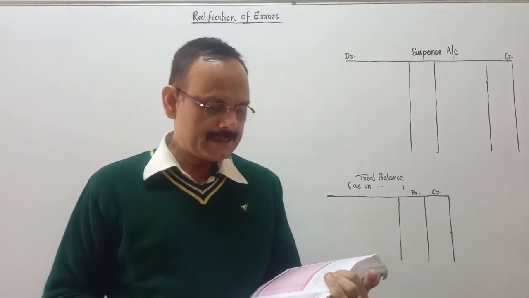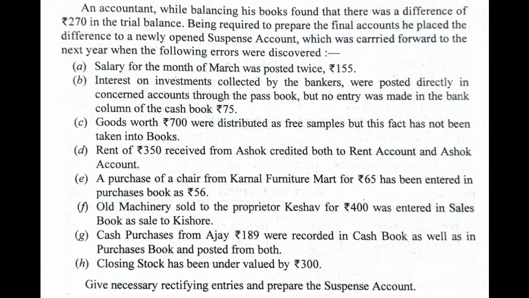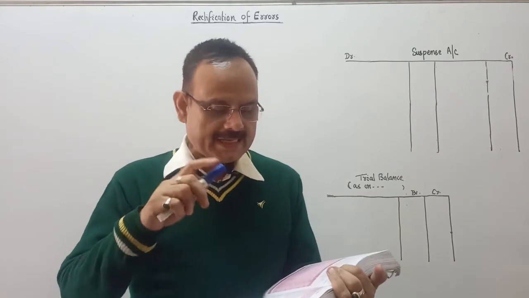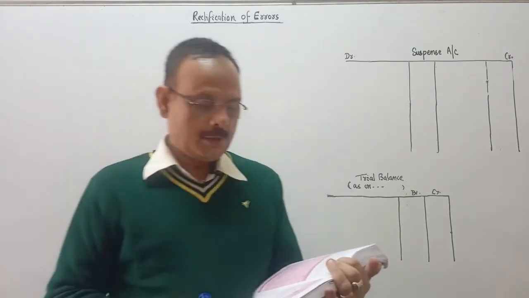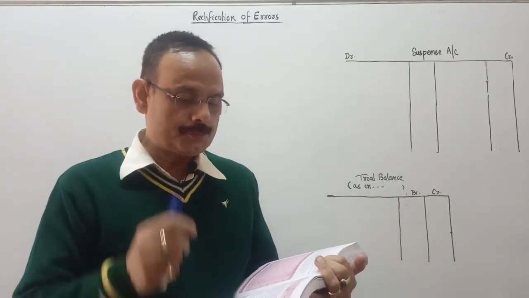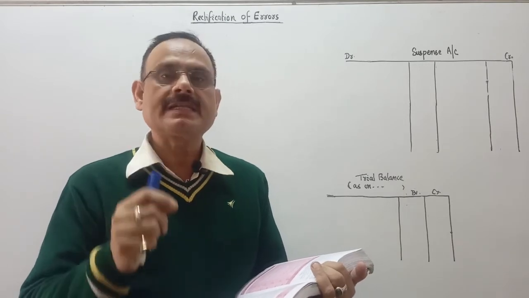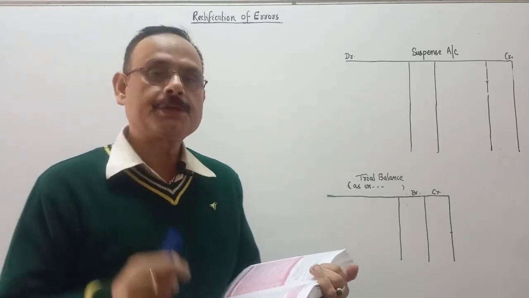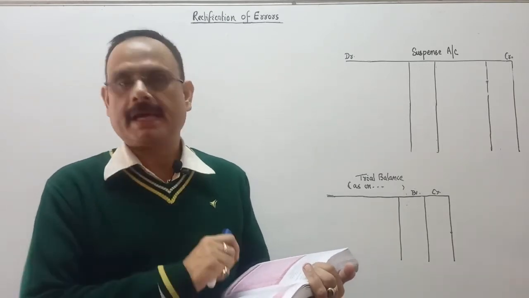The question is: an accountant, while balancing his books, found that there was a difference of rupees 270 in the trial balance.